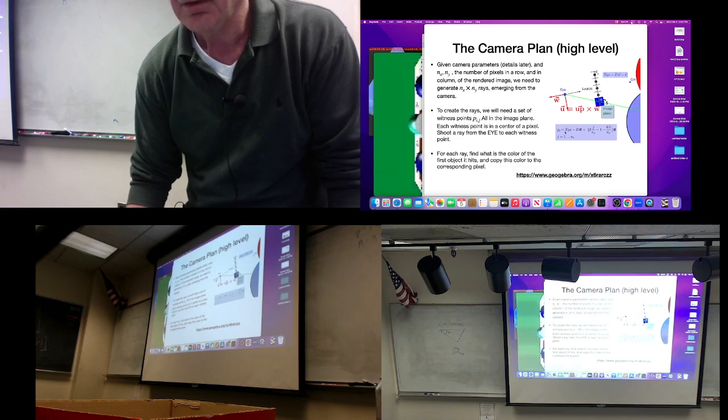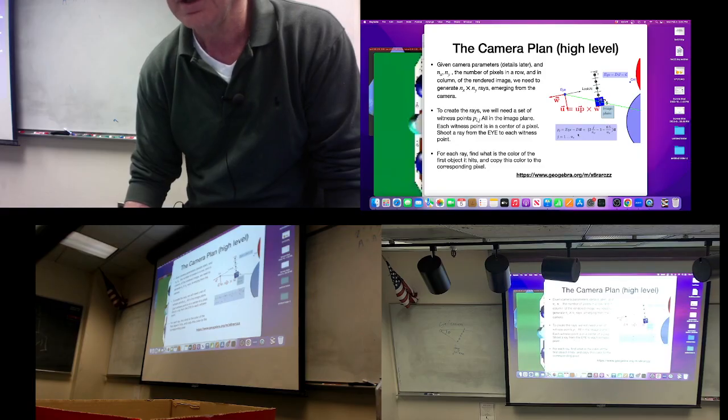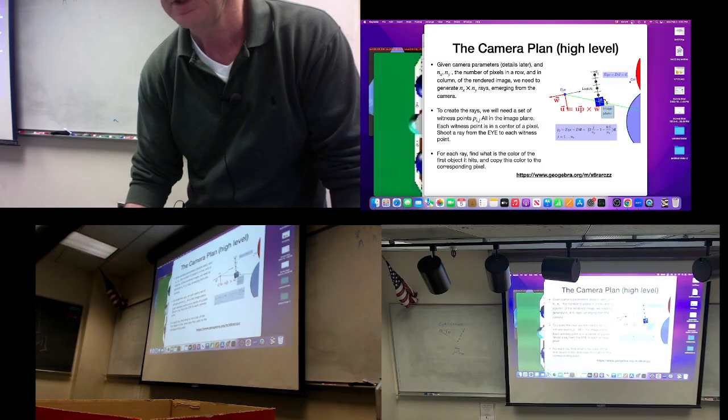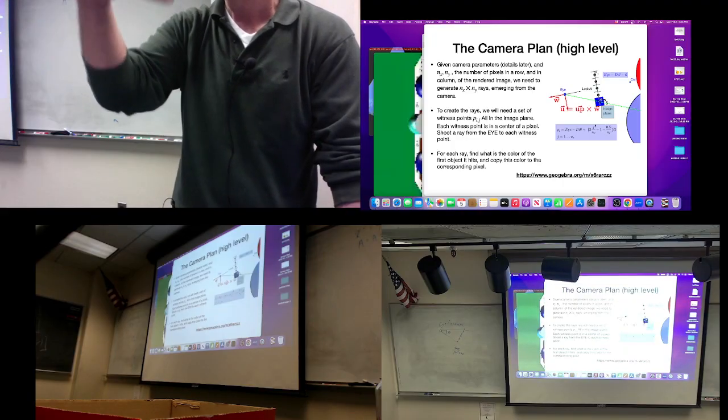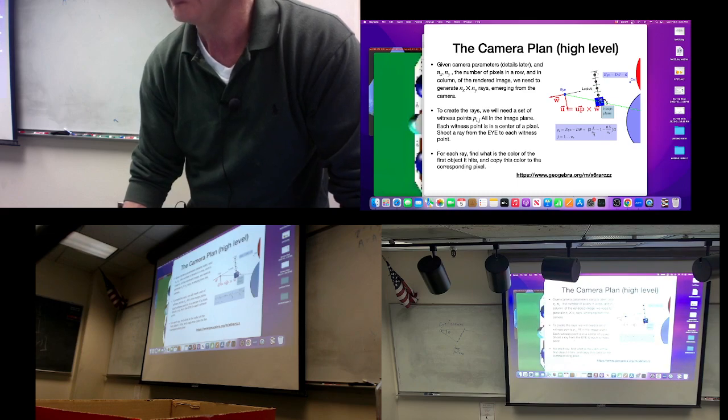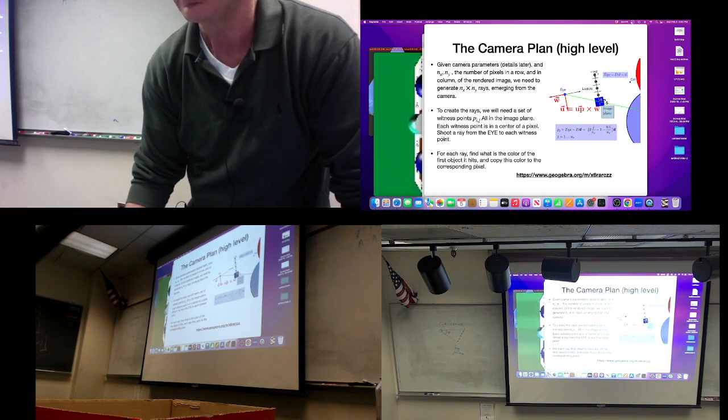Okay, so every pixel right here, the 1D case, will be I, go to the I, minus D times W puts you at the center of the image plane. And now if you assume that this length is 2, between -1 and 1, take J, J divided by the number of pixels, the width of the image, number of pixels.